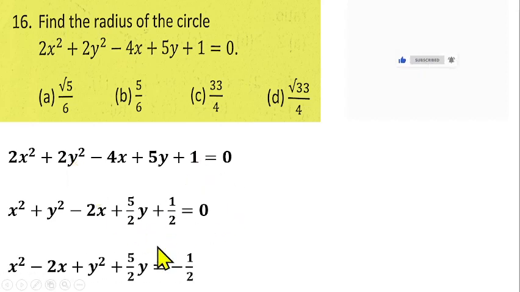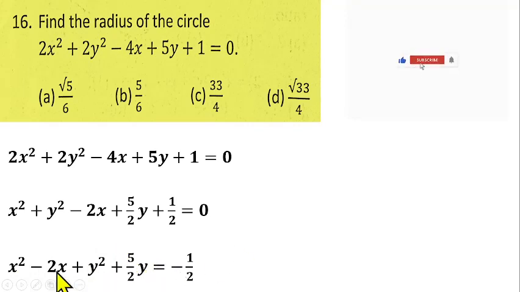So you'll be having x squared minus 2x plus y squared plus 5 over 2y equals minus half. Then you can now perform completing the square on this and on this as well. Complete the square for x, complete the square for y.